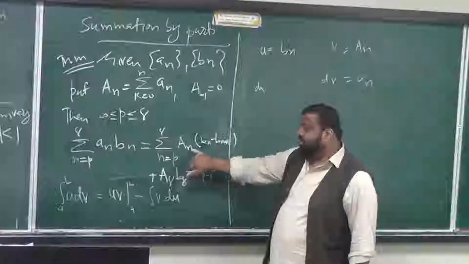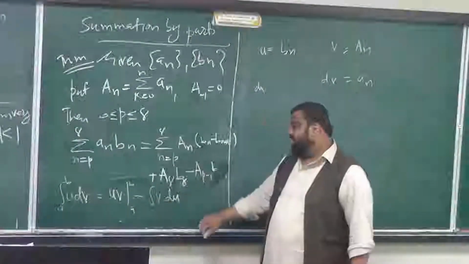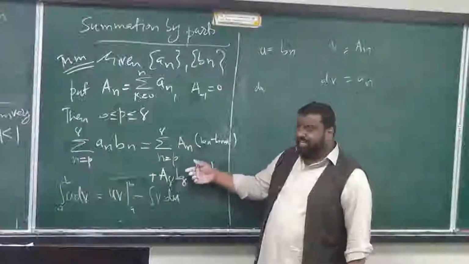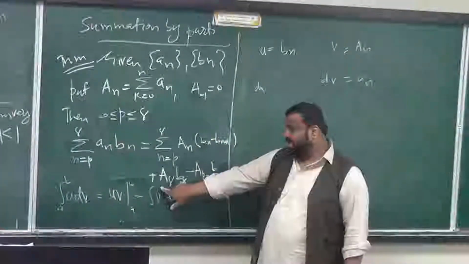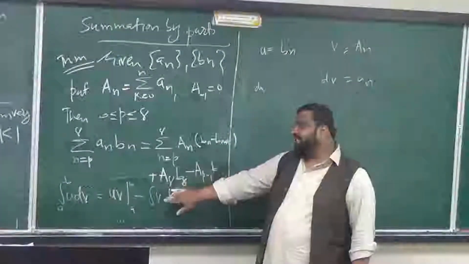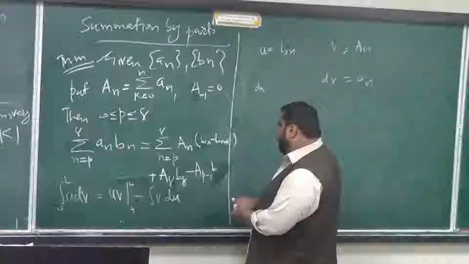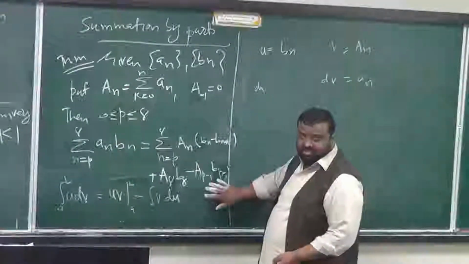So it's like the integral of U dV, minus, and then I have a UV, just substituting the limits. So it's like UV evaluated at Q minus UV evaluated at not P but P minus 1.